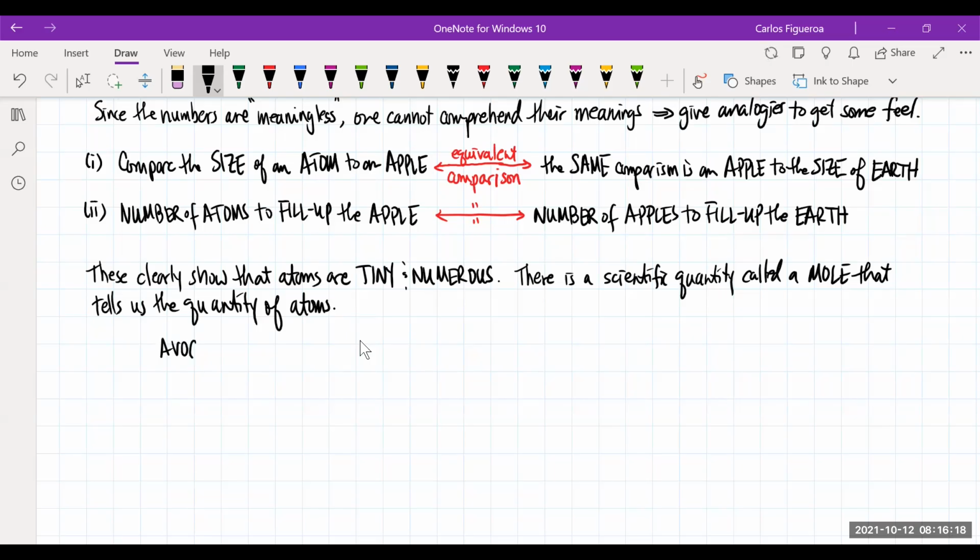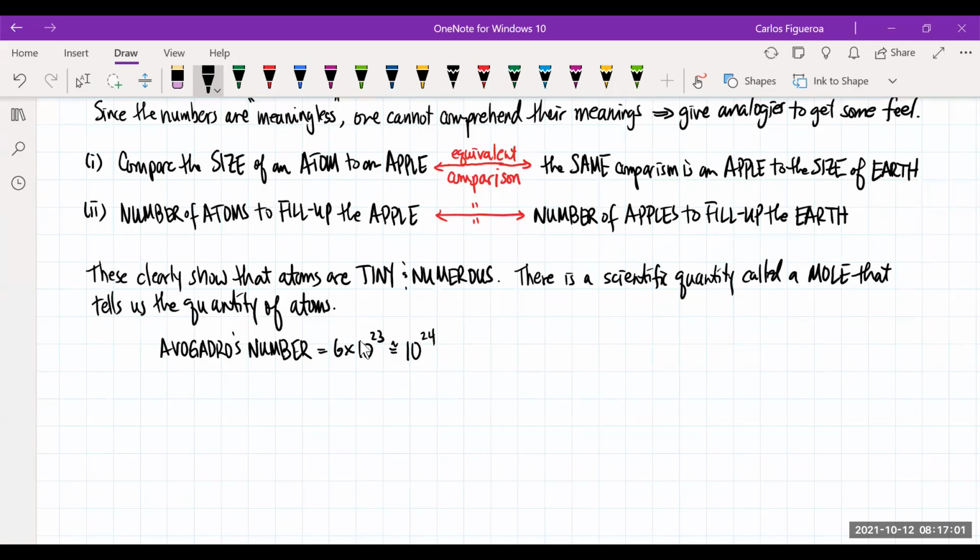If I look at Avogadro's number, I believe that might be spelled incorrectly. What this does is tell us about quantities of atoms. This number is really 6 times 10 to the 23, and it tells us the number of atoms in a quantity called a mole. We can approximate this to 10 to the 24.